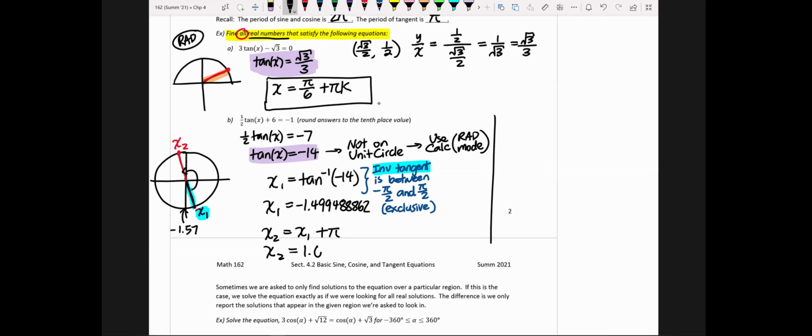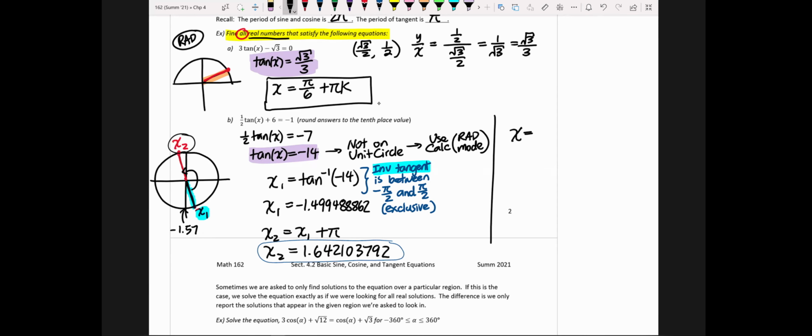It's 1.642103792. So that's the answer between 0 and pi. We only have one solution between 0 and pi. So this is the only solution between 0 and pi. I'll circle that.